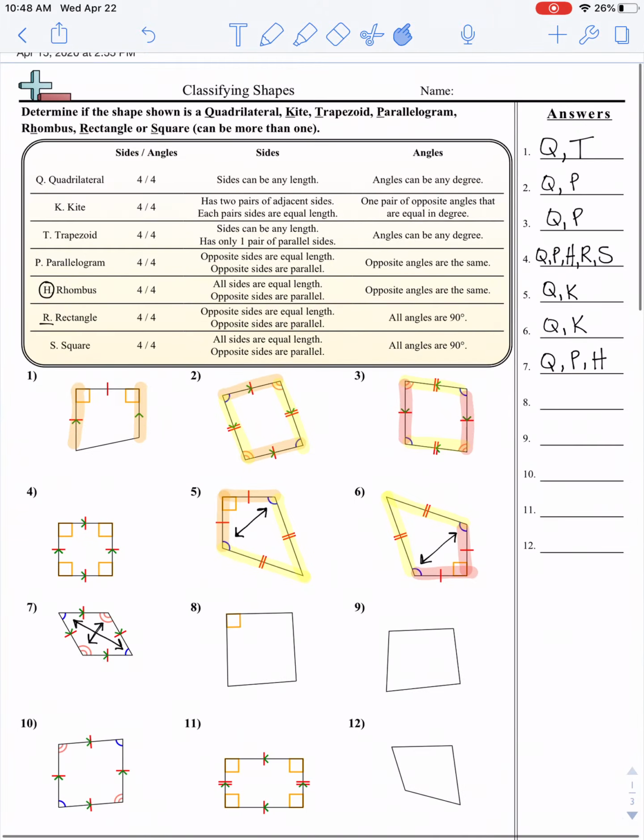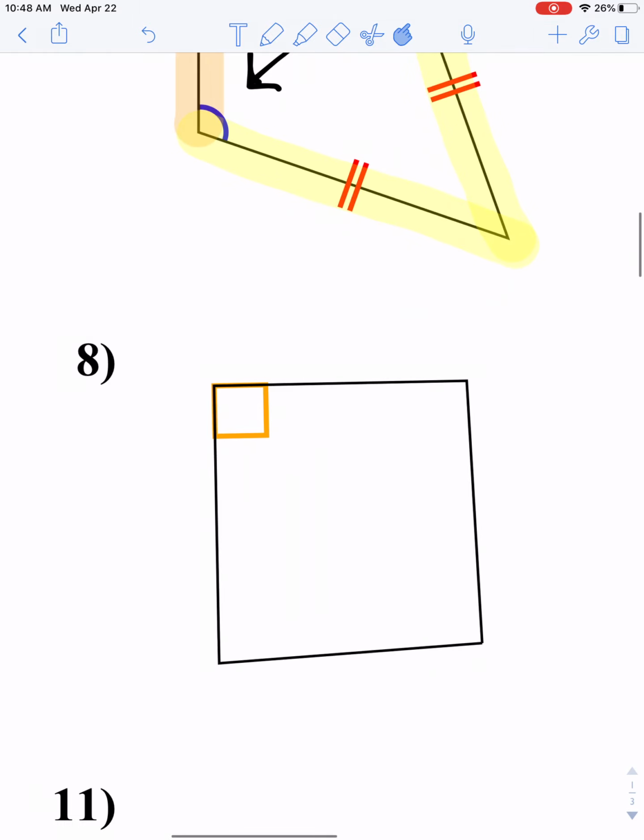All right, moving on to number 8. Okay, this one's a little bit funky. It only has 1 symbol, and remember that symbol means that that angle is 90 degrees. So it can't be a square. A square needs 4 90-degree angles. It can't be a rectangle. A rectangle needs 4 90-degree angles.